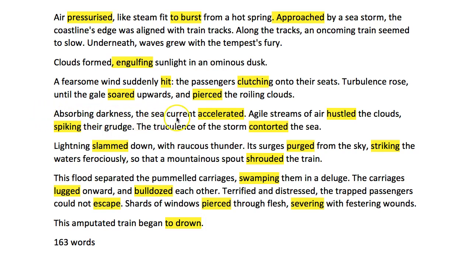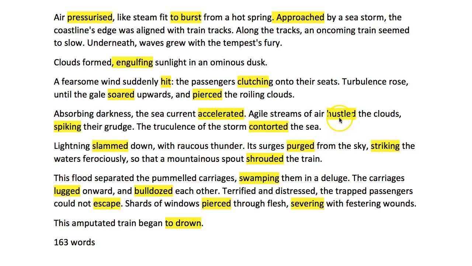Absorbing darkness, the sea current accelerated, and again that word is not only powerful, it adds to these verbs that we've just looked at that are increasing in pace because they're happening more frequently. Agile streams of air hustled the clouds, spiking their grudge. The truculence of the storm contorted the sea. And you can see how carefully this writer has thought about the use of verbs.